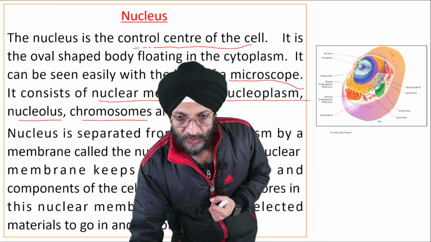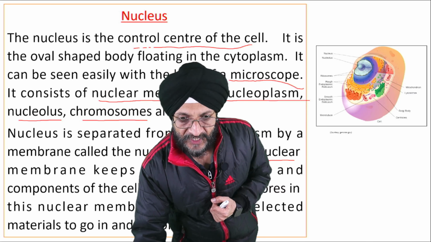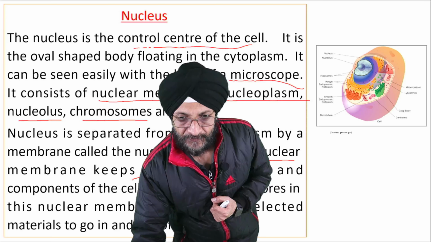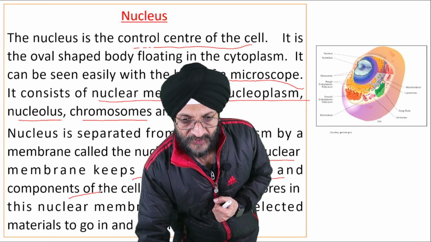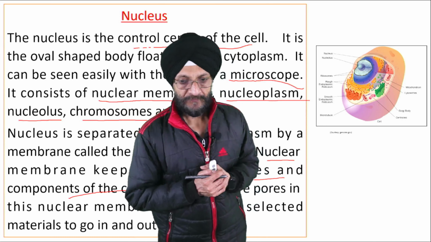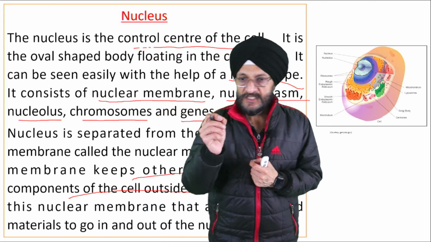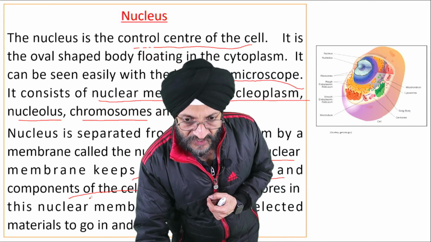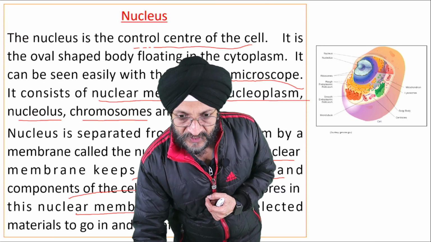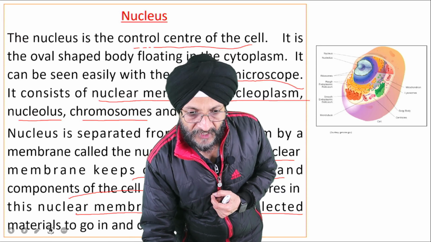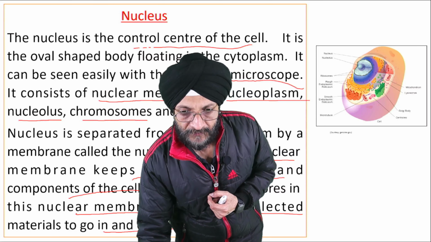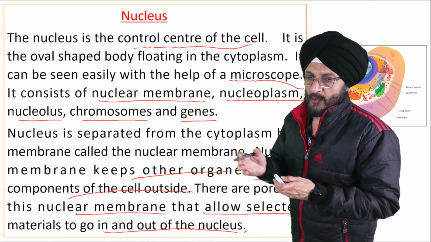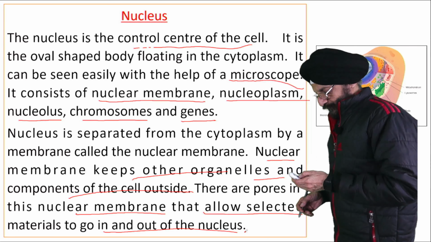The nuclear membrane keeps the other organelles and components of the cell outside. There are small pores in this nuclear membrane that allow selected materials to go in and out of the nucleus.